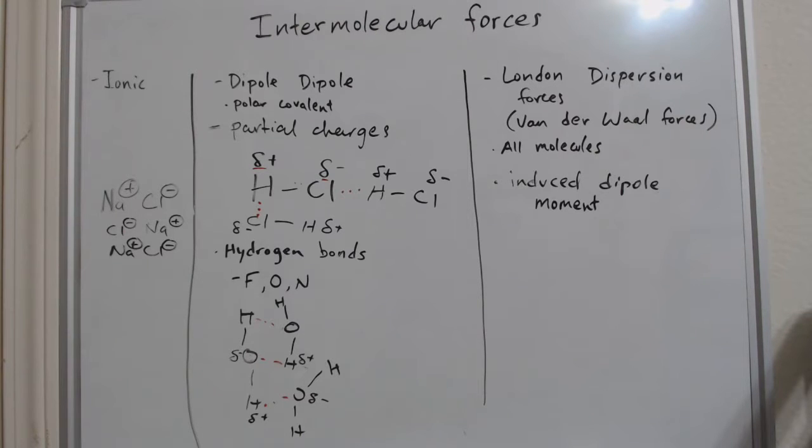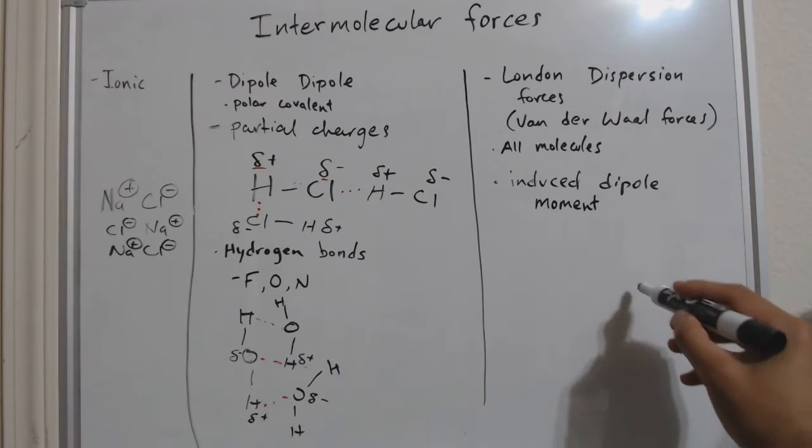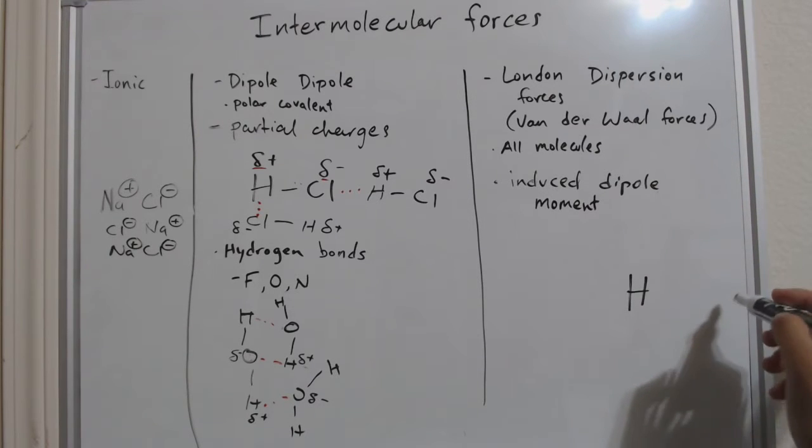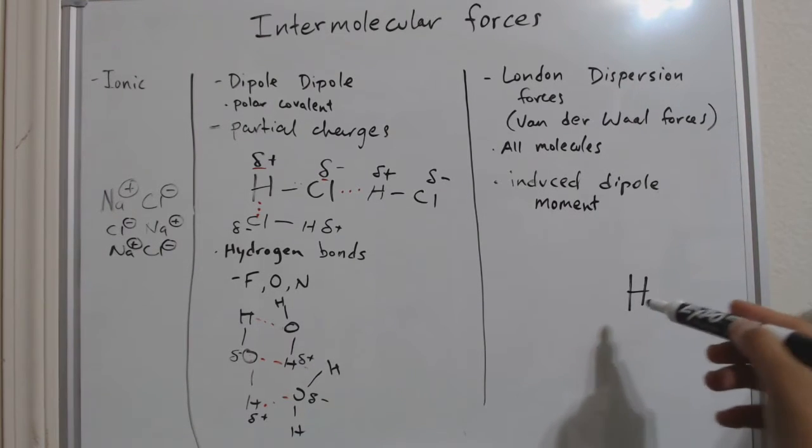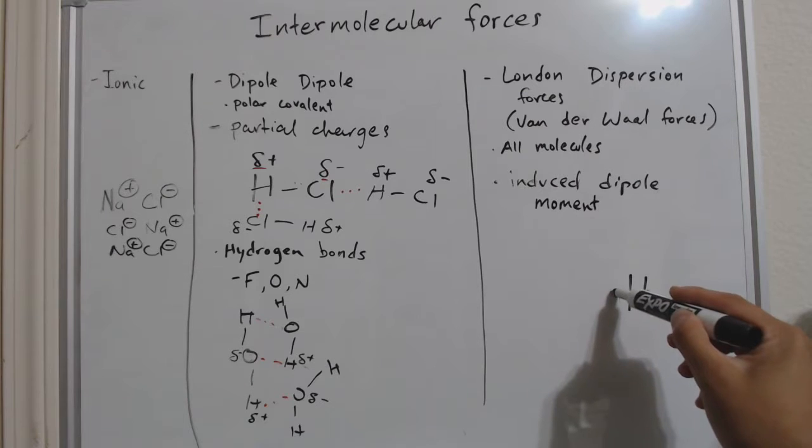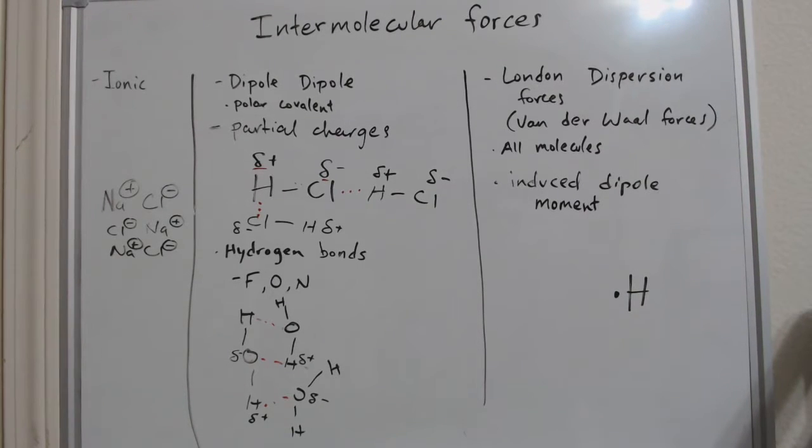Now, what does it mean to have an induced dipole moment? For example, let's have a hydrogen atom with one electron. We know that there are orbitals in all the atoms, and orbitals are also known as electron clouds.